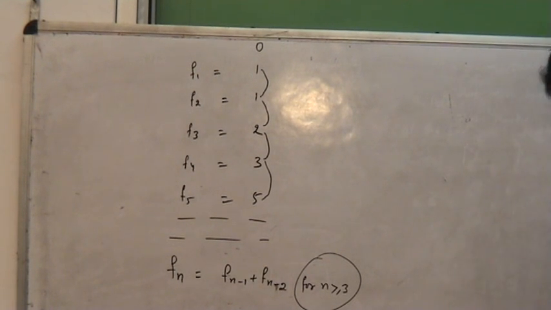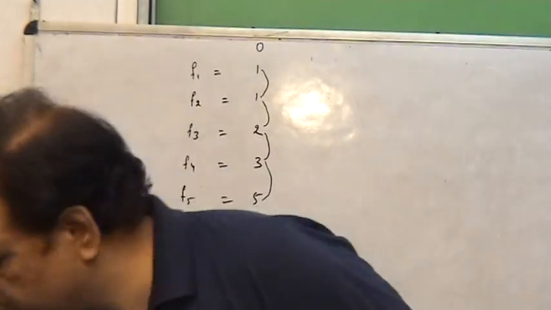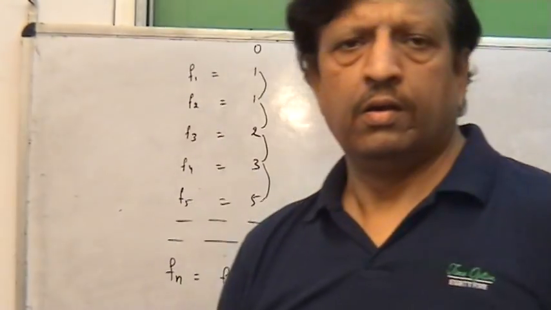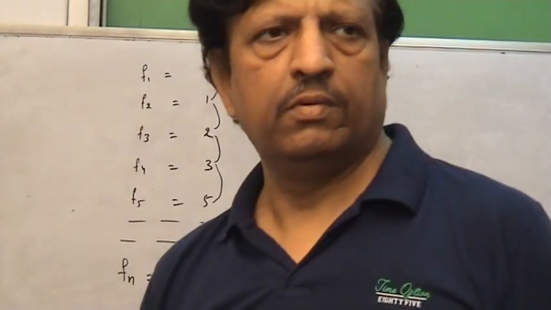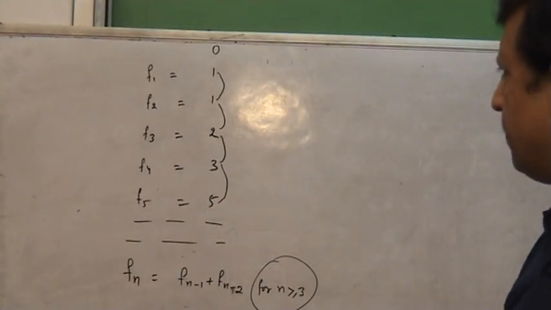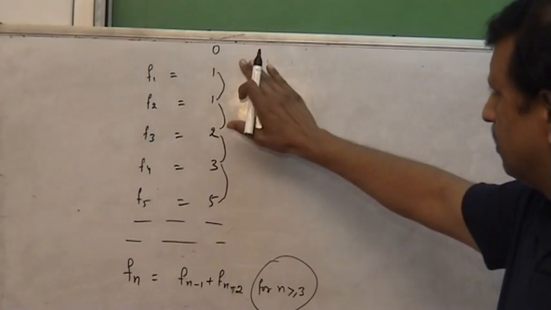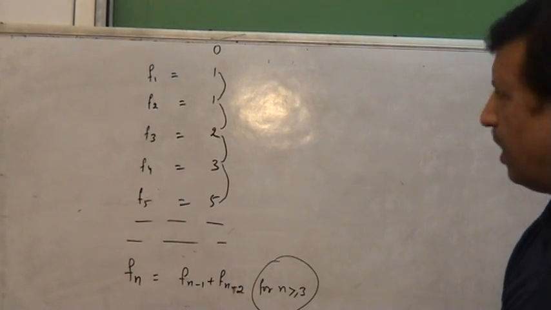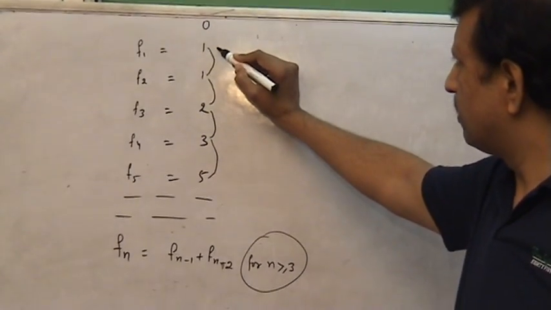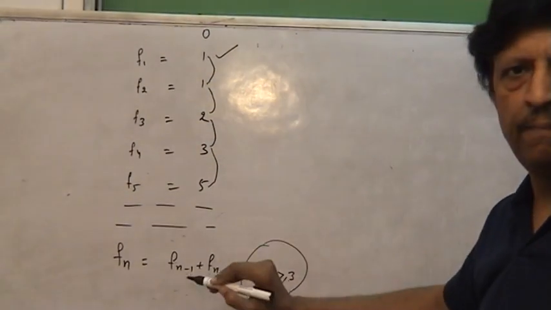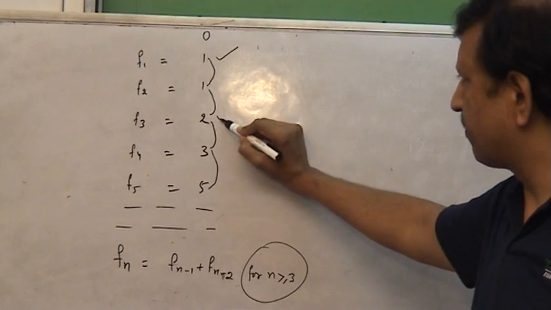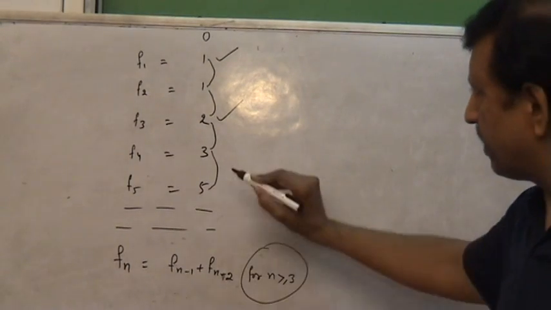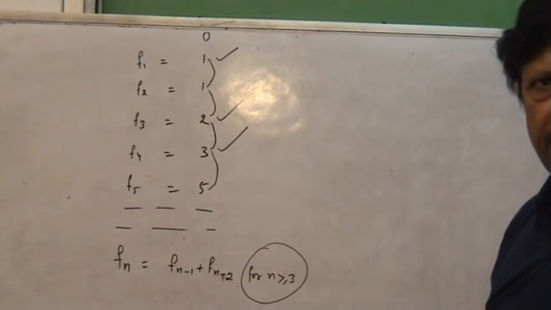The flowers in our nature have petals which follow this sequence approximately, not every time but approximately. How? You can find a flower with one petal. You can find a flower with 2 petals. You can find a flower with 3 petals.